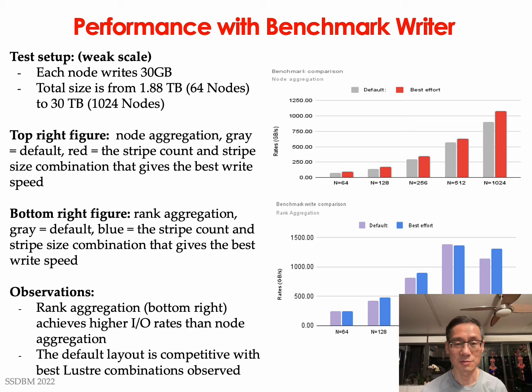The top figure is for node aggregation, the bottom figure is for rank aggregation, and what we notice is that the maximum of the y-axis is higher for the rank aggregation. That means in general, rank aggregation achieves a higher I/O rate than node aggregation.